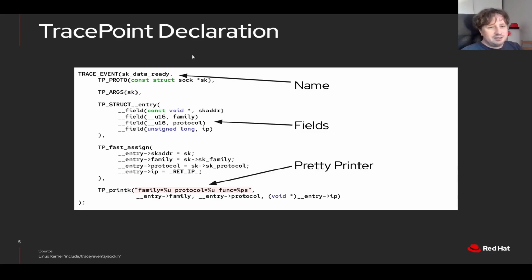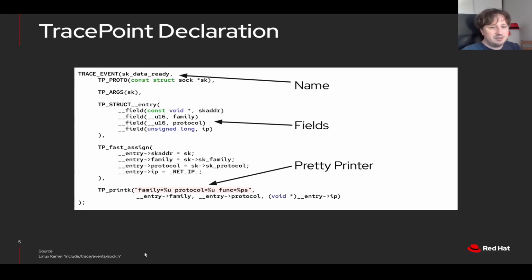There exist a lot of different mechanisms to provide a trace point for the Linux tracing subsystem, but you're probably most familiar with this one: declaring one in the code. Here we have the TRACE_EVENT macro, for example with the name sk_data_ready.